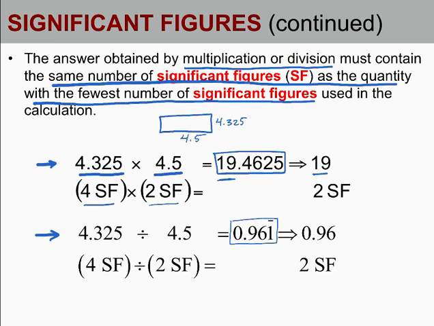And because our least accurate measurement only has 2 sig figs, that means our answer should also have 2 sig figs. And remember that the 0 here is a leading 0, so it is not significant. So we're really only counting the 9 and the 6.